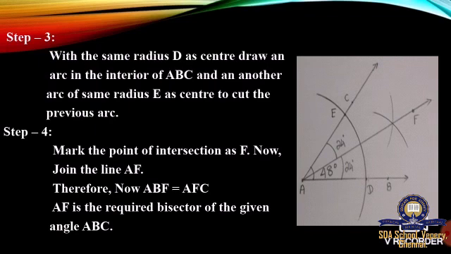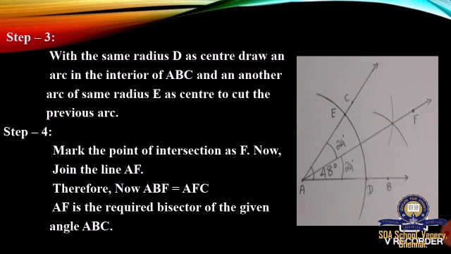From this, we get that ABF is equal to AFC. How? Because here we need to construct the angle bisector. Angle bisector means it divides the angle into two equal angles. Therefore, we get AF is the required bisector of the given angle ABC, and ABF is equal to AFC.